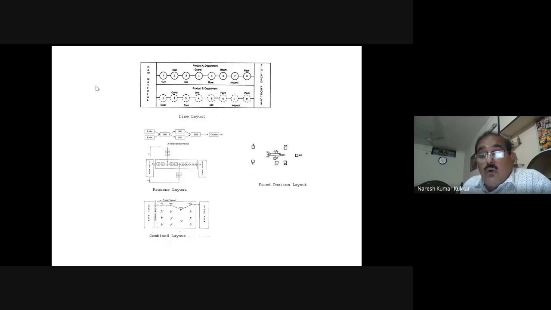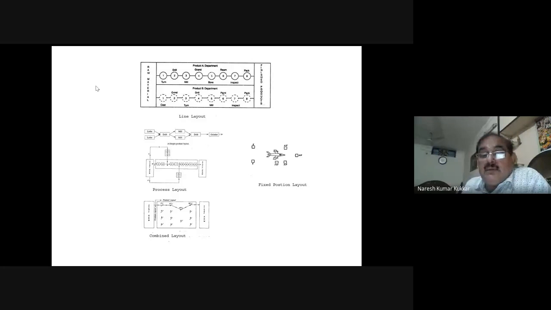Means things will be on process basis, not on activity basis. If a product has different processes, then those processes are grouped together, so there we will work on the process layout. Combined layout is the combination of both, where the processes are used as well as the line method.